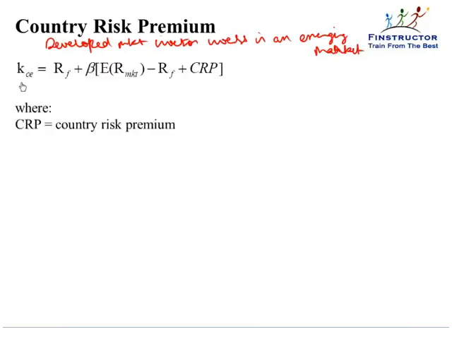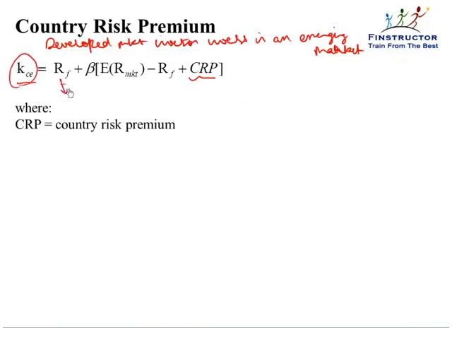So the CAPM equation changes when we're investing in another country: RF plus beta times (RM minus RF) plus a country risk premium. So please note, if a US investor is investing in Latin America, in Mexico, then the required return on equity that the investor will demand will be given by this equation.